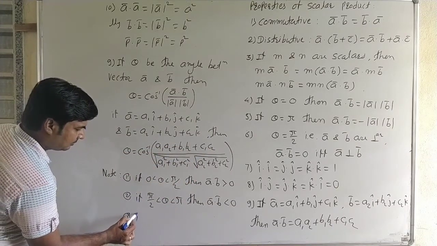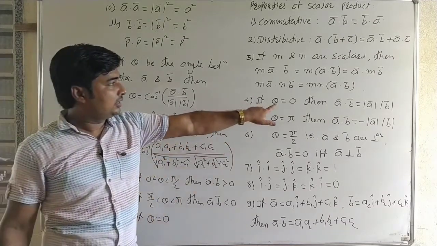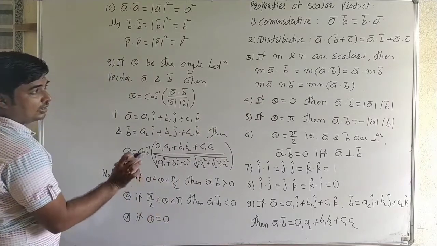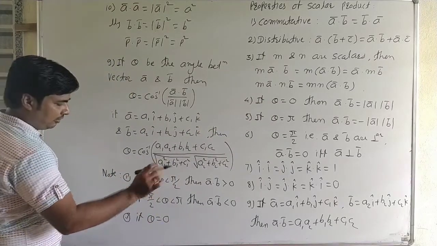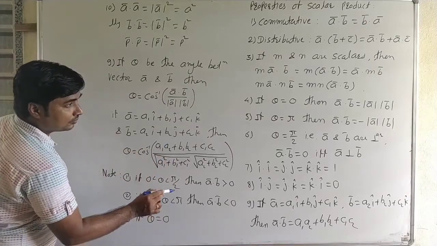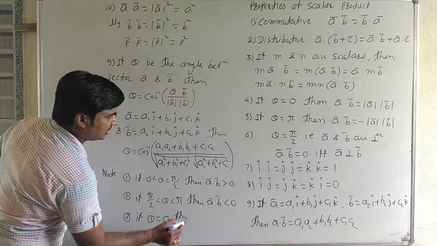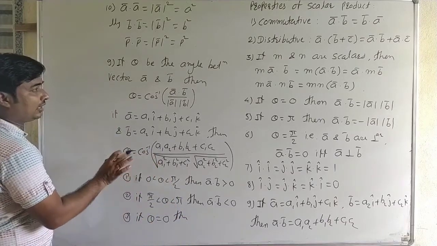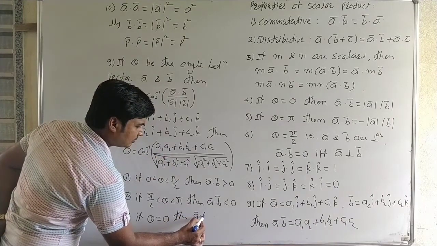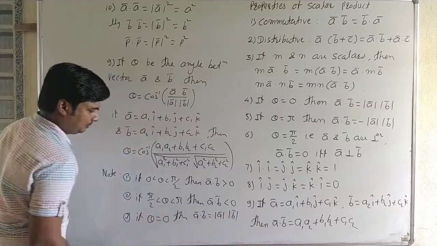Then if theta is 0, then a bar dot b bar is equal to magnitude of a bar into magnitude of b bar.